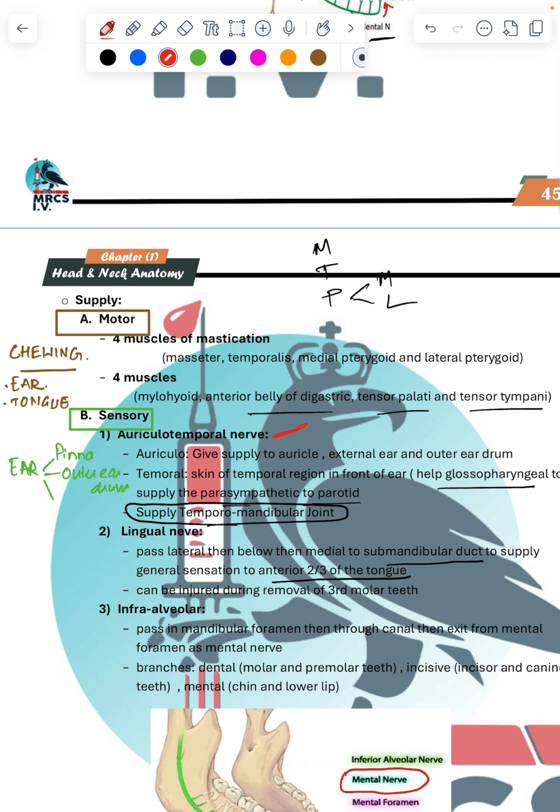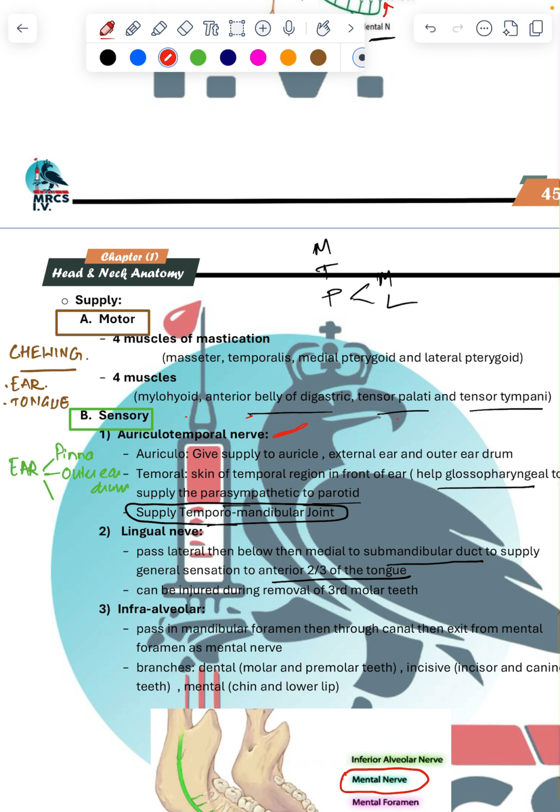The other four muscles are mylohyoid, the anterior belly of digastric, tensor palatii, and tensor tympani. Palate is in the pharynx, tympani is in the ear. It is supplying the tongue also. That's why ear, tongue, and chewing.